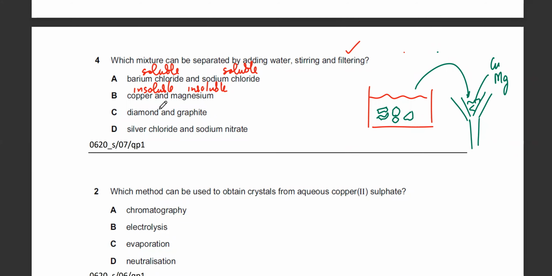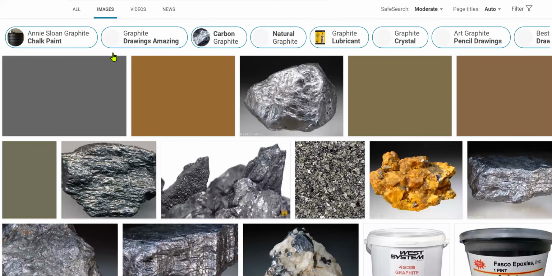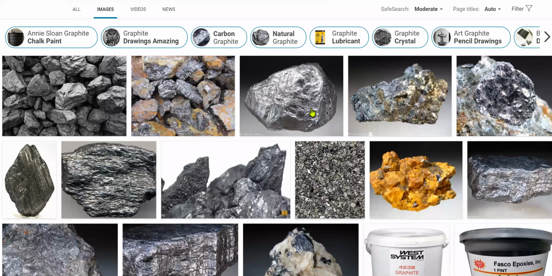So then you've got diamond and graphite. Now diamond, you already know what diamond is. We're going to study them later, but diamond and graphite are both carbon. Diamond is obviously diamond, and graphite is the black soot that's left when you burn wood. You can call that graphite.